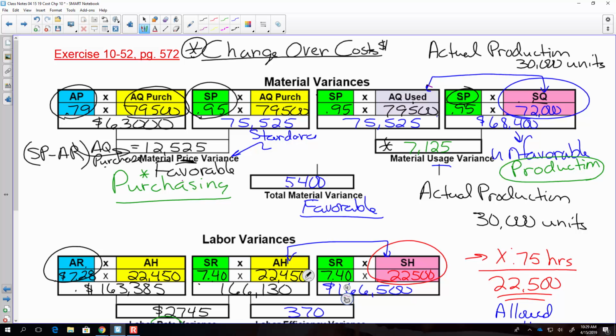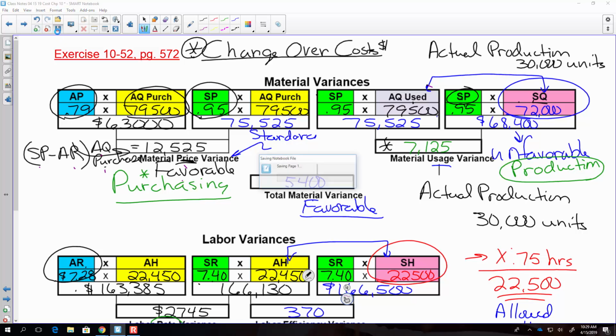Did everybody hear that? SP minus AR times actual quantity used is not the price variance. Price variance is always based on what? Purchases, not used. So watch for that too.